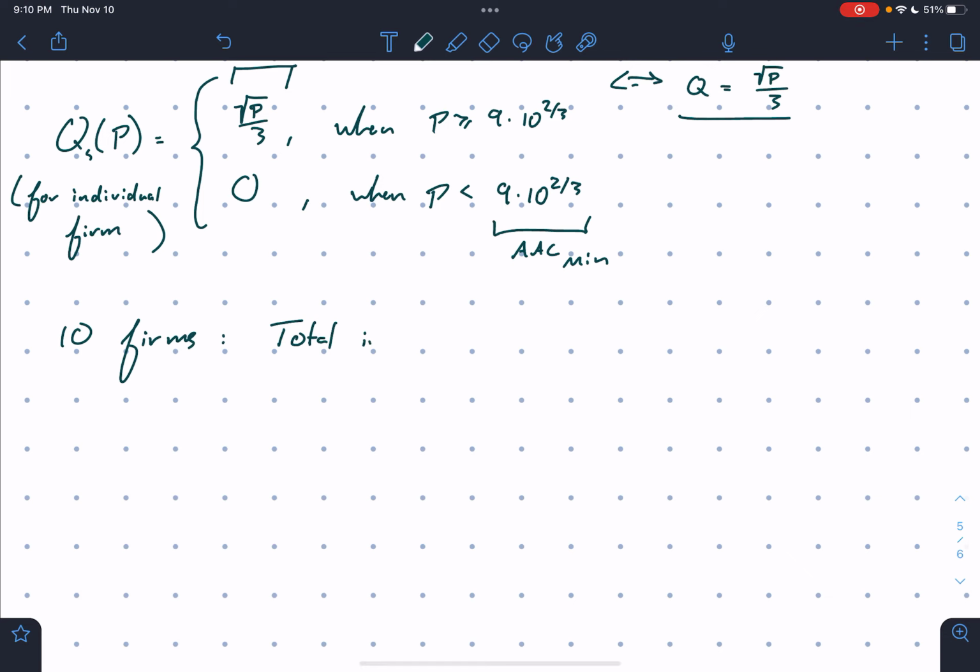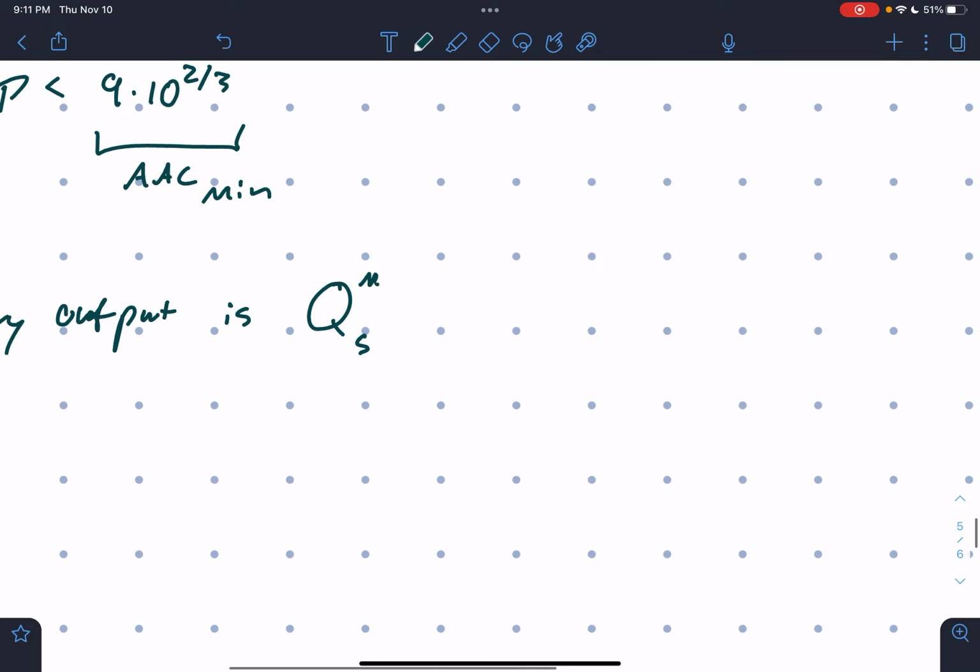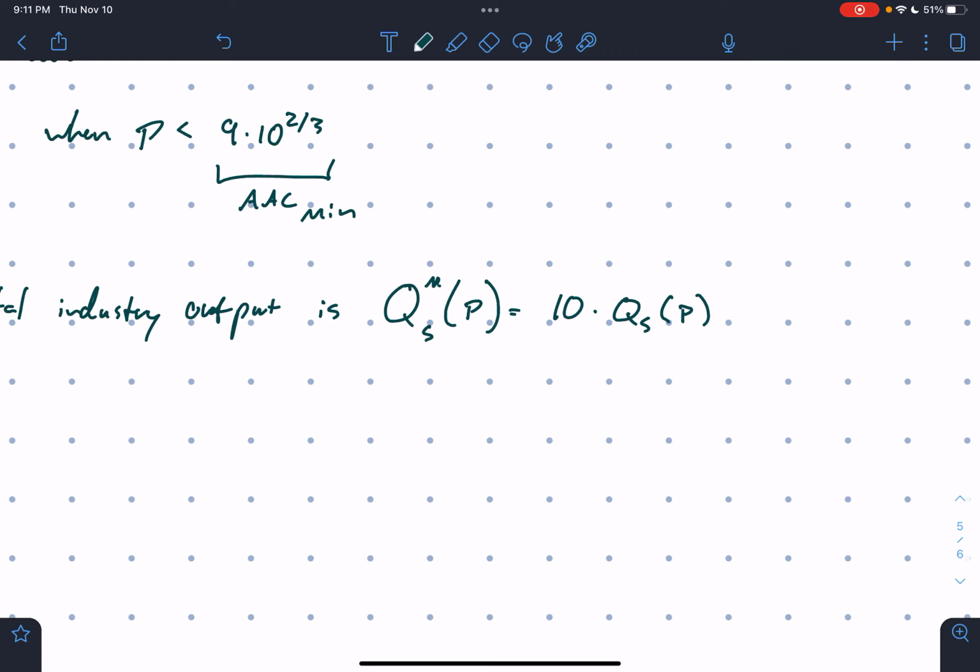So the total industry output, QS, I'm going to put an M to indicate the market output, QSM of P is 10 times QS of P. So this is total. This is the number of firms.